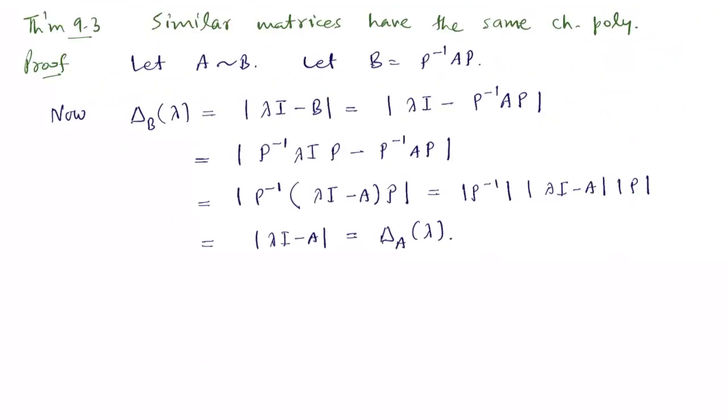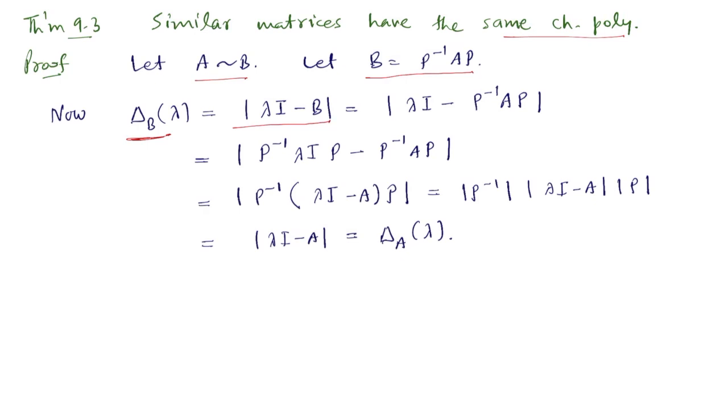This result says that similar matrices have the same characteristic polynomial. So suppose A is similar to B, then by definition B will be equal to P inverse A P for some invertible matrix P. Now the characteristic polynomial of B is equal to determinant of (lambda I minus B).